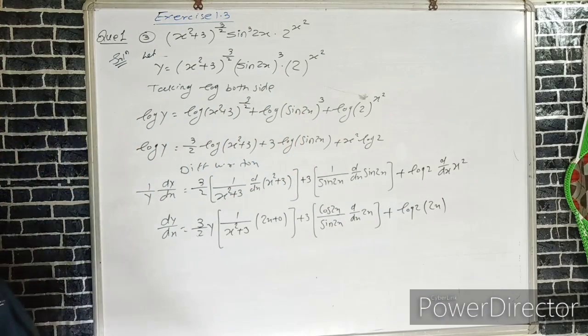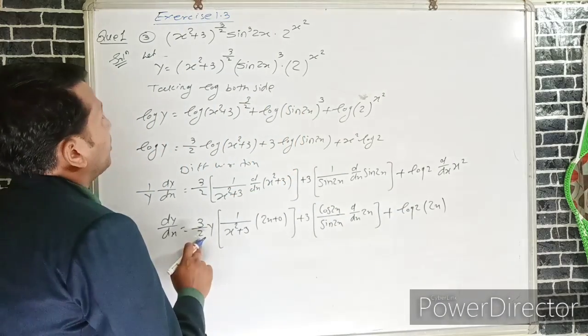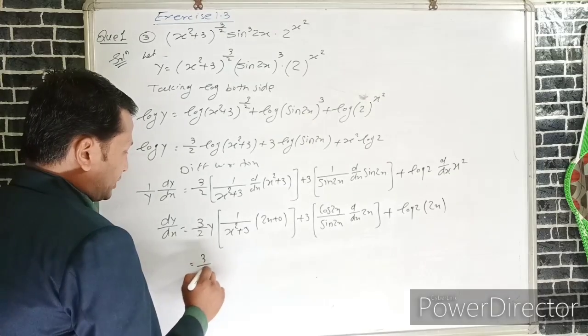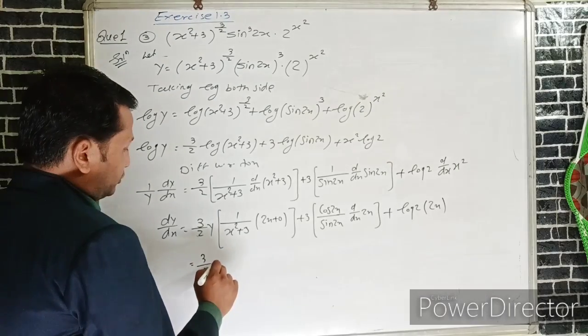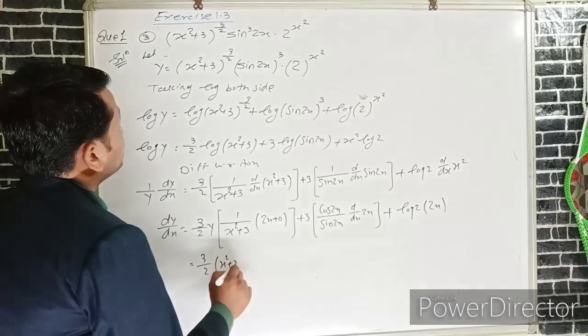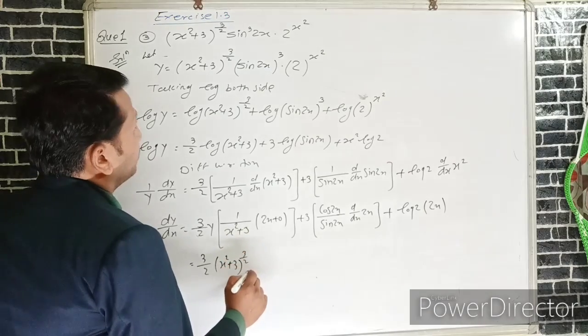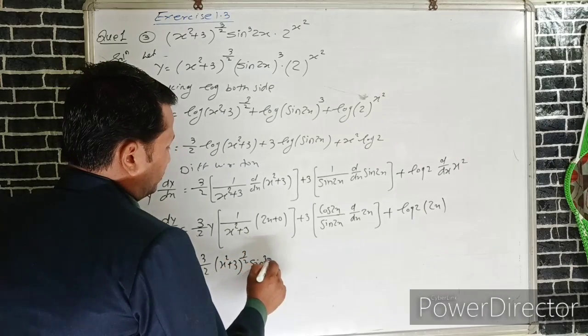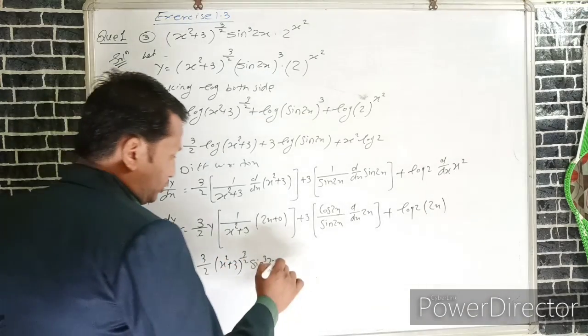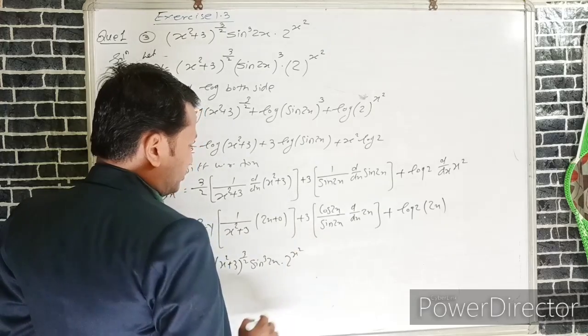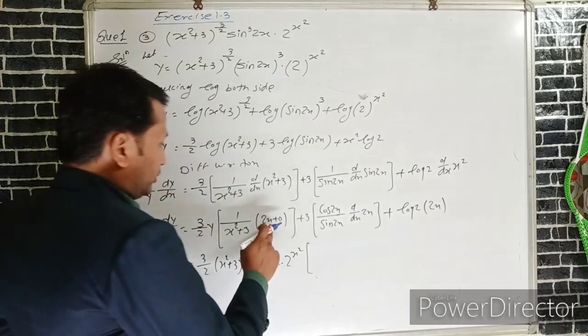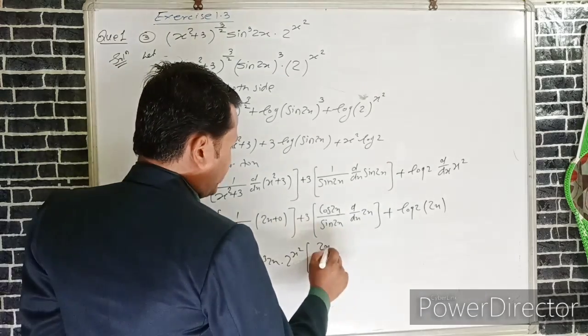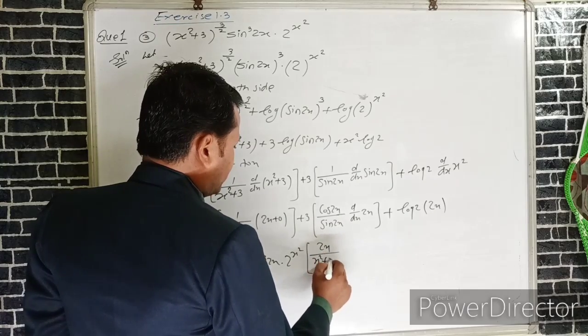Now again we can solve. If we put the value of y, which is 3 by 2 into x square plus 3 raised to the power 3 by 2 into sine cube 2x into 2 raised to the power x bracket square, into 2x into 1, which is 2x upon x square plus 3.